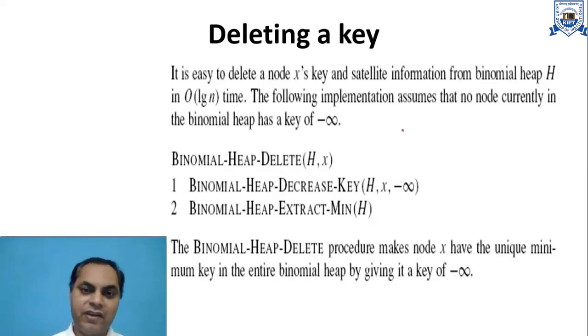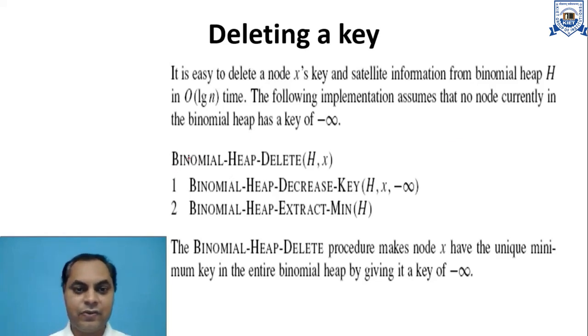If that value is very low, that means it is lesser than any value available in the binomial heap. That means that particular node will propagate to the root node, and after it comes to the root node we can use the extract min operation. Okay, we can extract that particular node as we have done earlier.